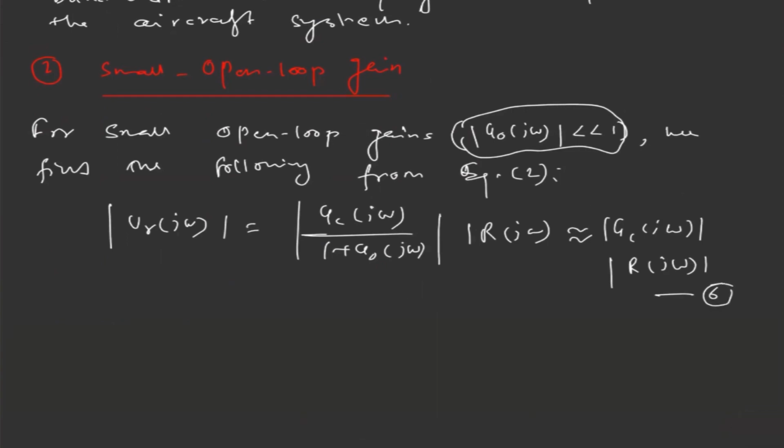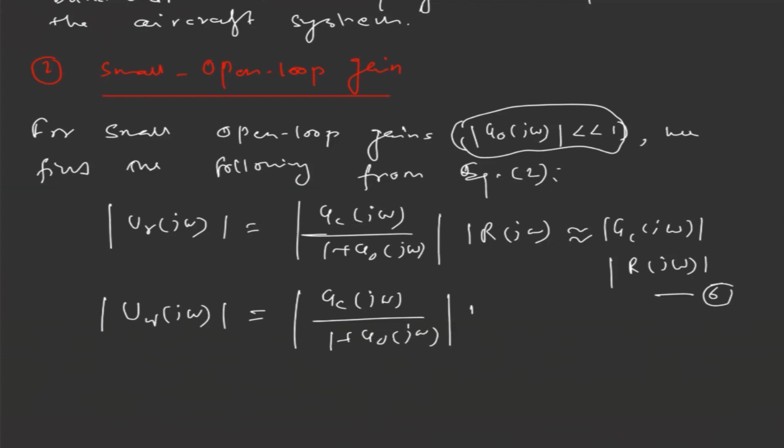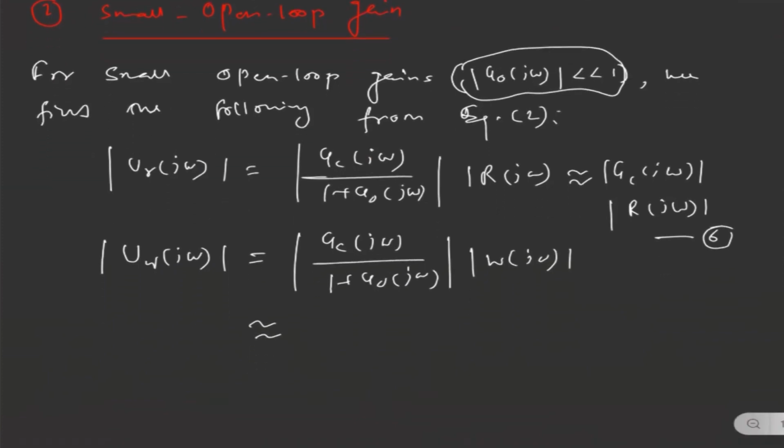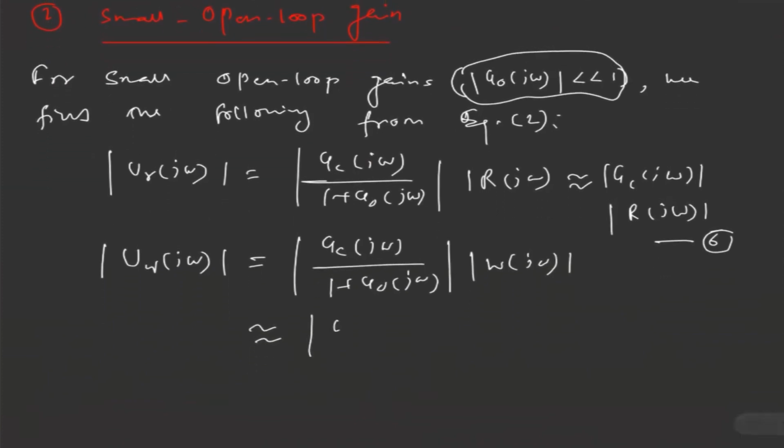And the total control effort due to the measurement noise, U_W(jω), we can write GC(jω) over 1 plus G0(jω), W(jω), which is equivalently, for small open loop gain, GC(jω) W(jω). Let me denote this equation number 7.